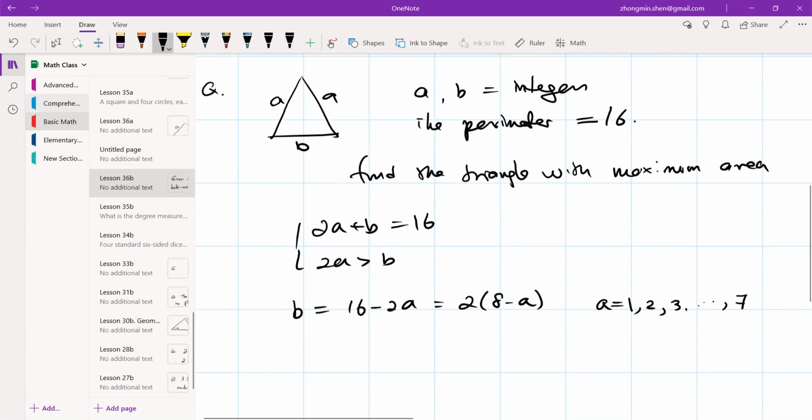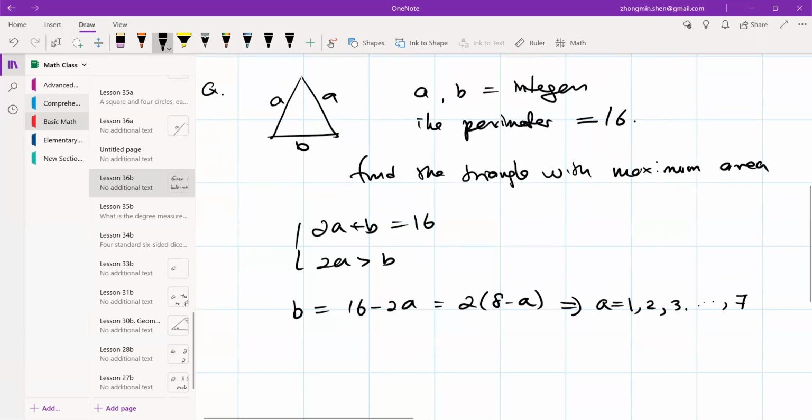But if a is too small, then the inequality 2a greater than b does not hold. Just looking at these conditions, you have 7 possible solutions, but not all of them satisfy 2a greater than b.